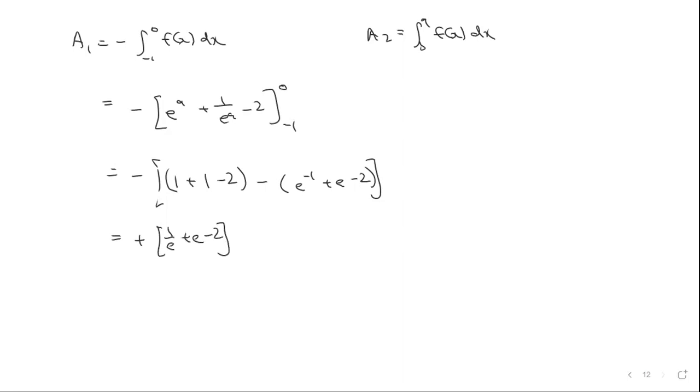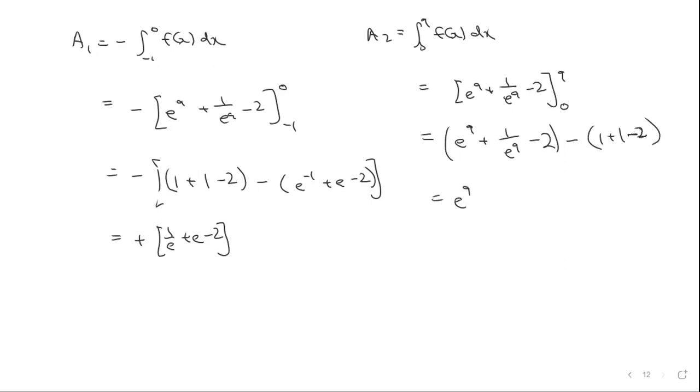So that's A1. A2 is going to equal e to the a plus 1 over e to the a minus 2, with a being 9, not 0. So that's going to be e to the 9 plus 1 over e to the 9 minus 2 minus 1 plus 1 minus 2. So that will just be e to the 9 plus 1 over e to the 9 minus 2.